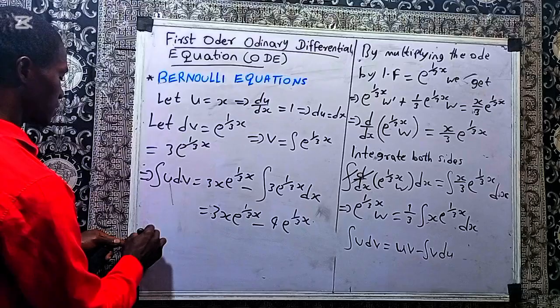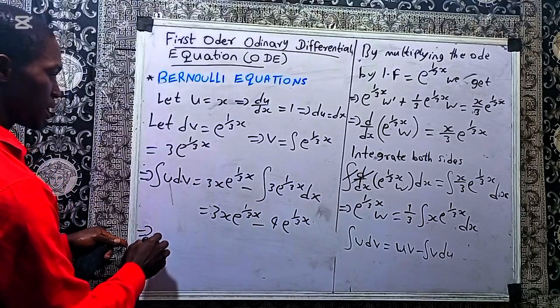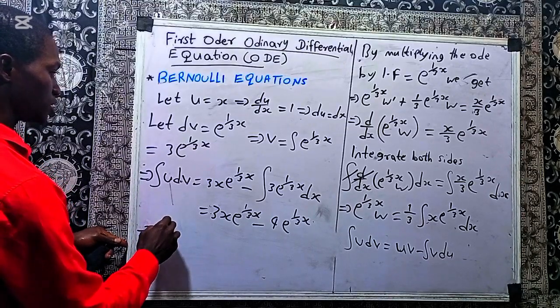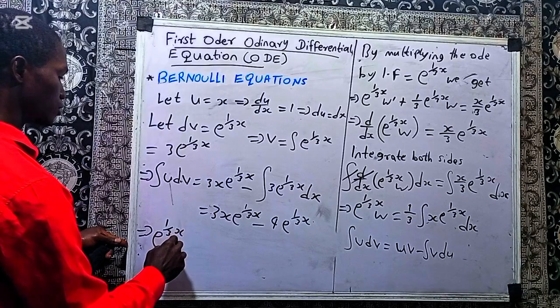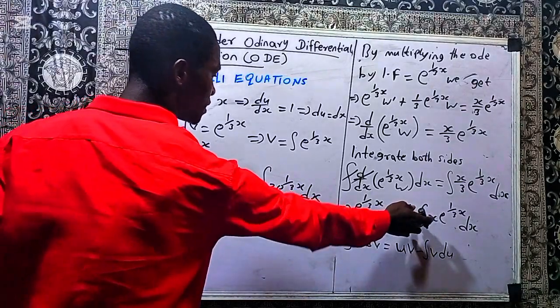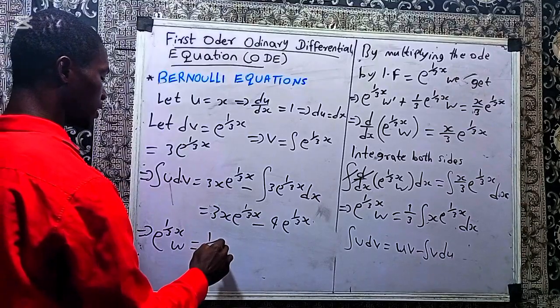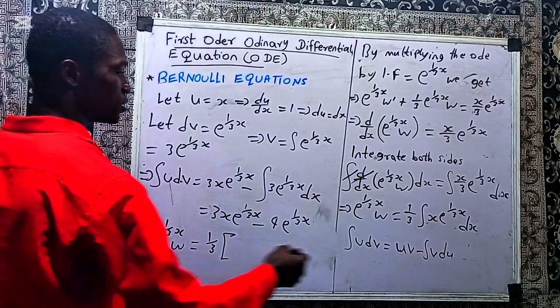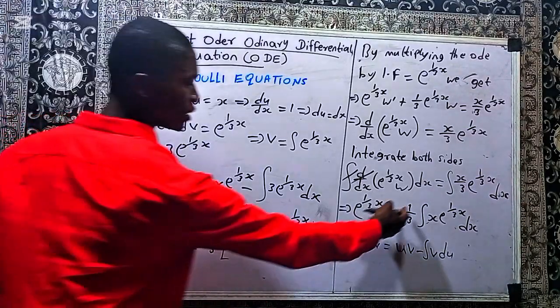This implies that my exponential 1 over 3x w will be equal to what? We'll substitute it here. We have 1 over 3 into, we have 1 over 3 here, right?